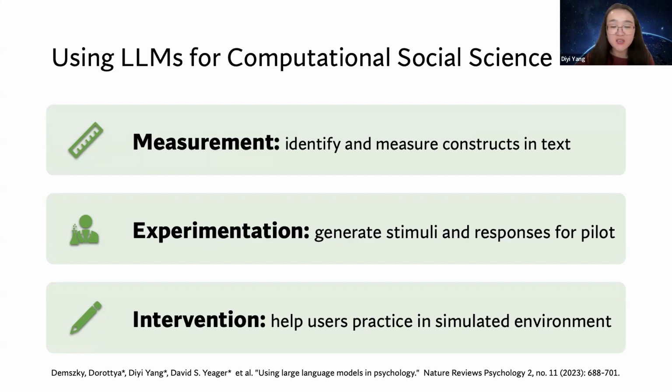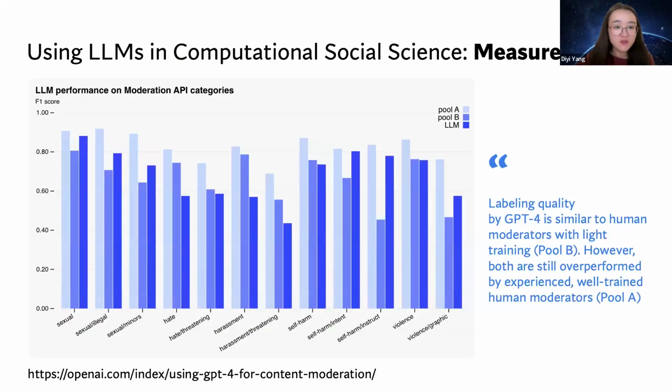dimensions can be operationalized. If you think about measurement, this is actually the most common usage of large language models in computational social science. From a measurement perspective, on my screen, this is actually an earlier work from OpenAI.